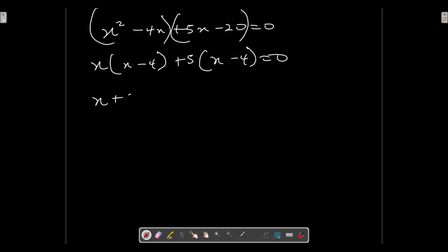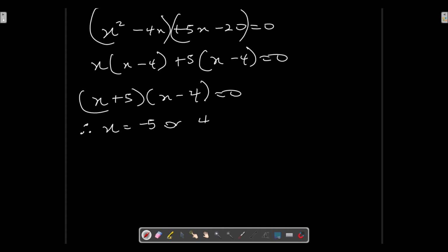So we have x plus 5, x minus 4 is equal to 0. In the very end, we are going to have x is equal to negative 5 or 4. Obviously, the base of a number cannot be negative, right? You're going to agree with me that the base of a number cannot be negative. So in the very end, x will be equal to 4.